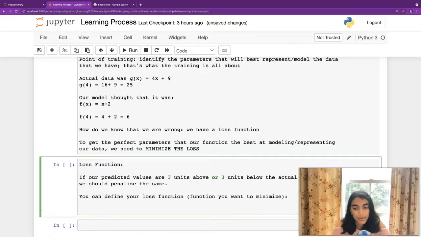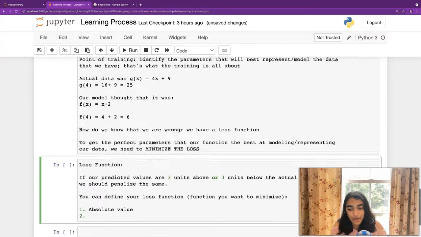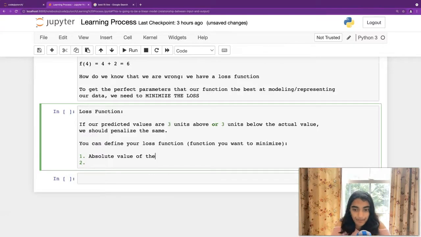Okay, so you can define your loss function, which is the function you want to minimize, as follows. These are 2 simple ways you can do it. One is taking the absolute value of the difference between the predicted value and the actual value.